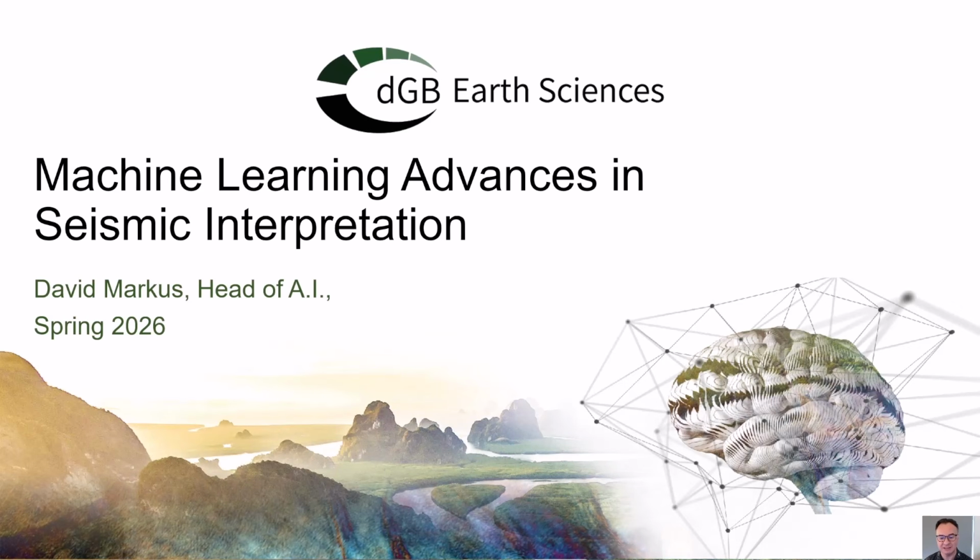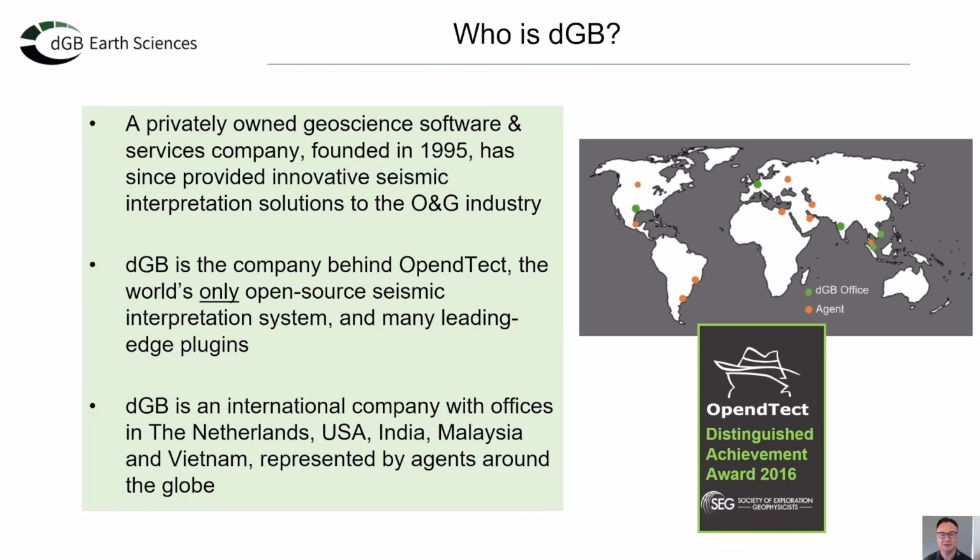Moving on, let me introduce who is DGB. We are a privately owned geoscience and software services company founded in 1995. We've provided innovative seismic interpretation solutions to the oil and gas industry. Most people are probably familiar with us as being the company behind OpendTect, which is the world's only open source seismic interpretation system.